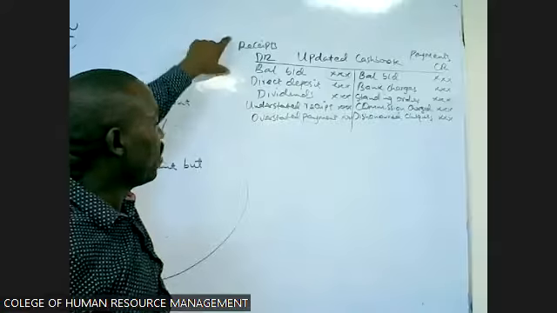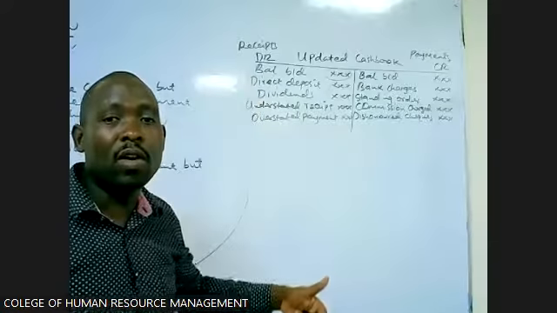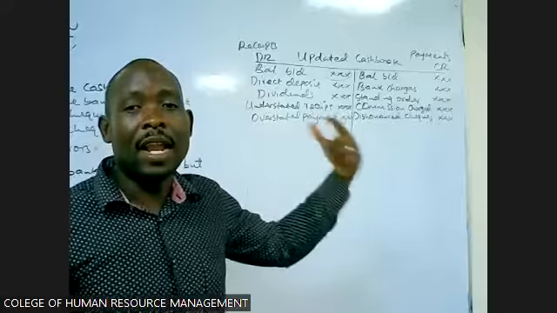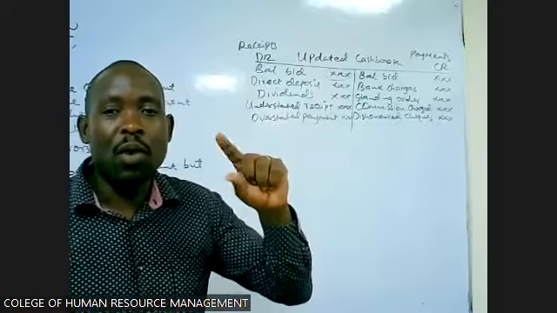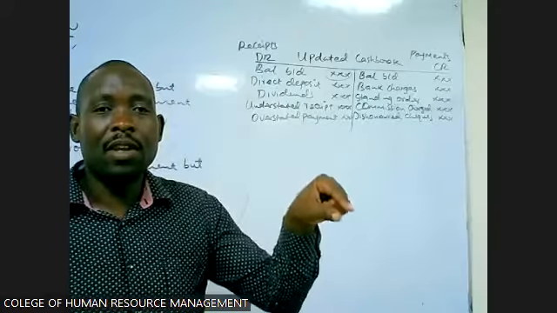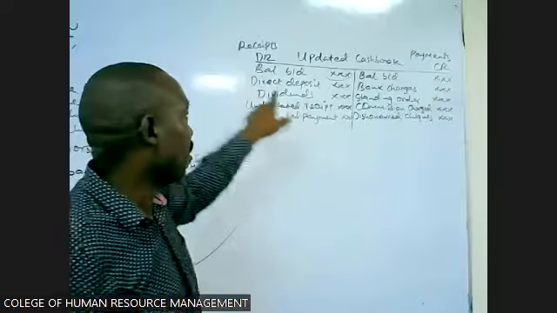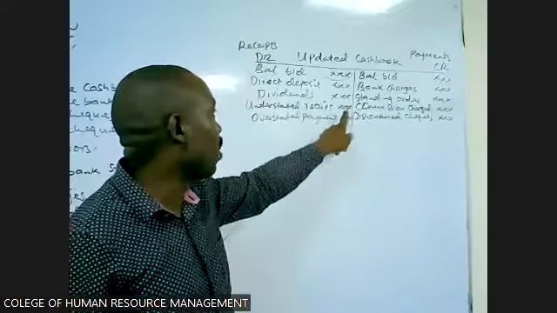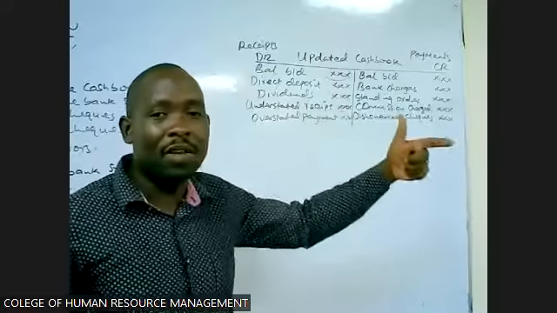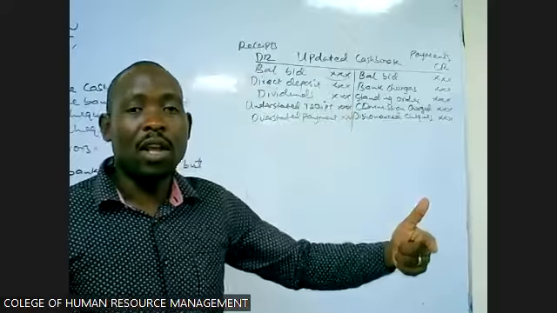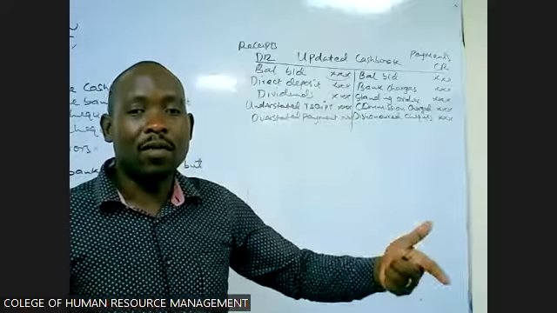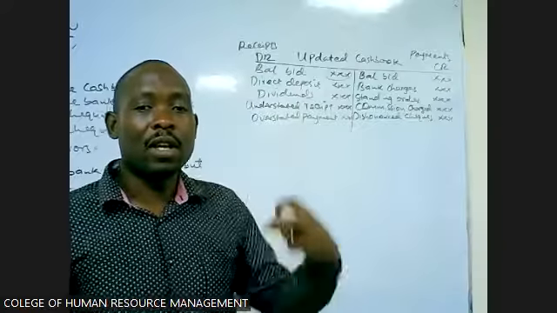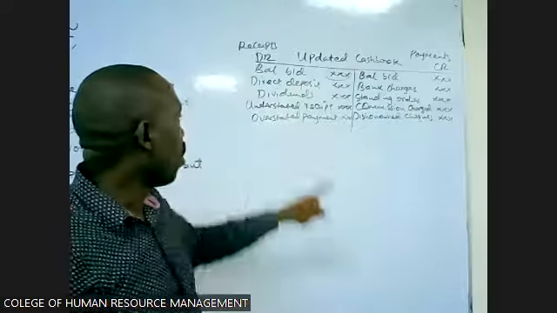It simply means that maybe we were supposed to record 10,000, but we recorded on the receipt side 1,000. We omitted a 0. Instead of 10,000, we recorded 1,000 as the receipt. It was understated by 9,000. So you must record there understated receipt of 9,000 because we received only 1,000 instead of 10,000. So we do a top up. We add 9,000 so that we can get the correct receipt amount.